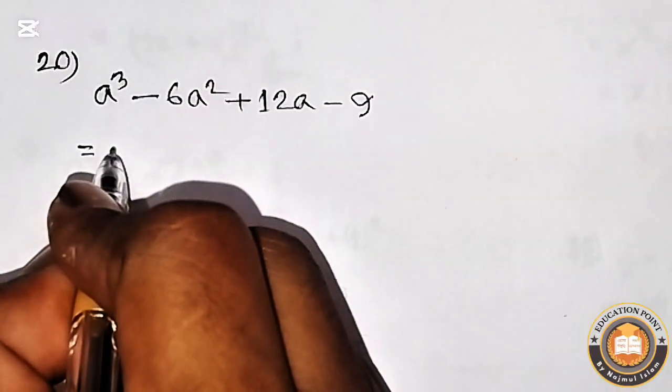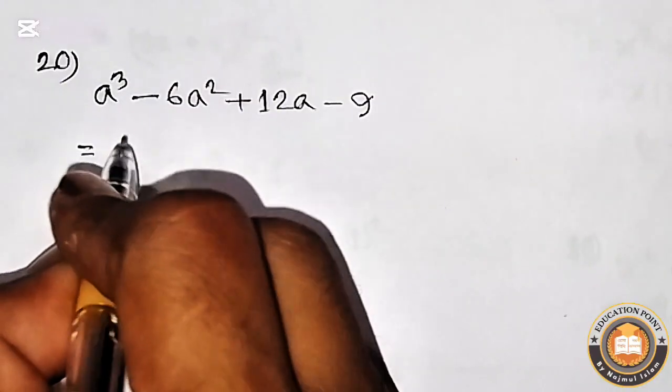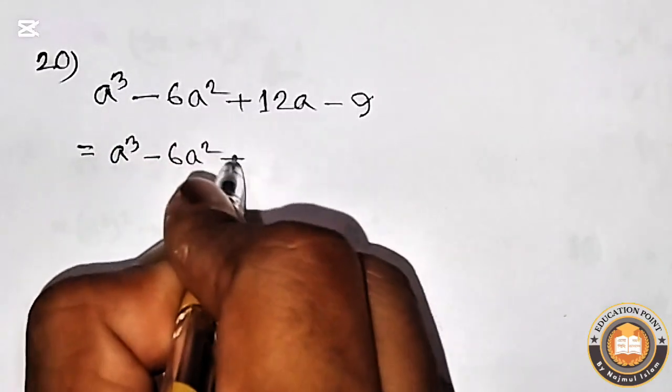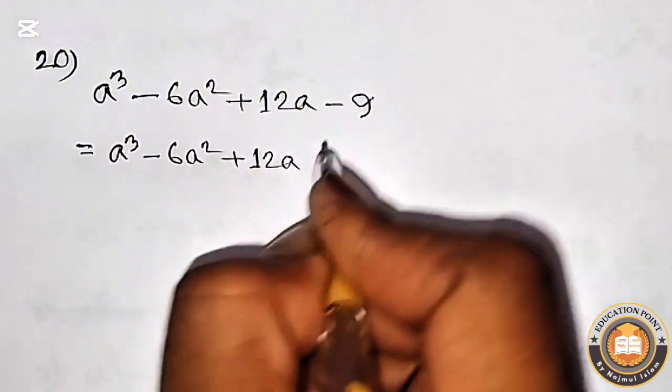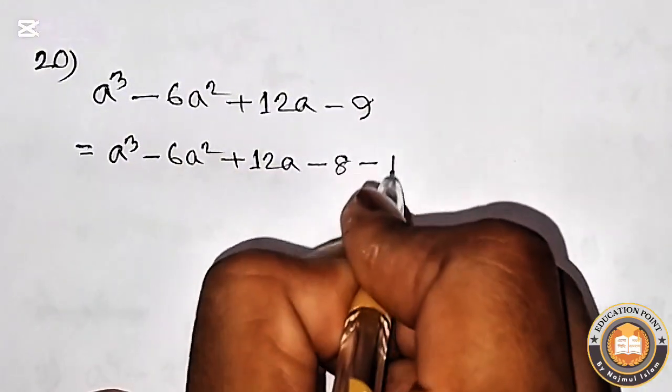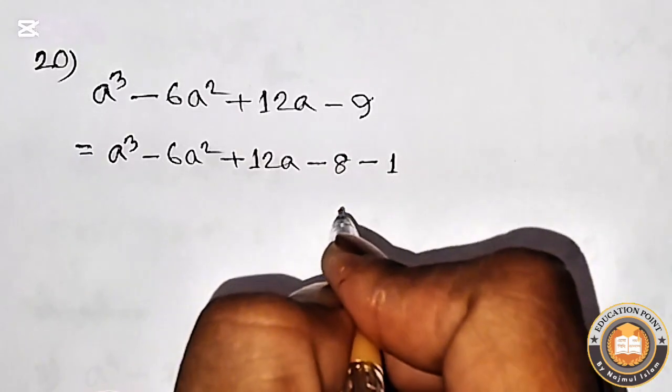Number 20: a cube minus 6a square plus 12a minus 9. a cube minus 6a square plus 12a minus 9 modified as minus 8 minus 1.